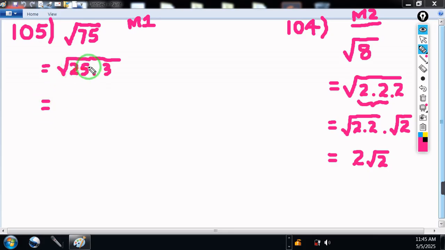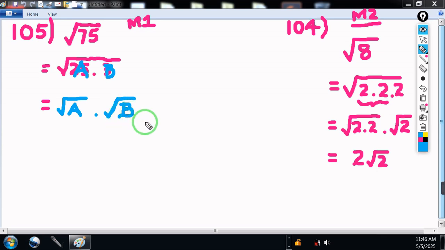So this goes into root A times root B. That portion, root of A times B, is root A times root B. Okay, if you can't picture that, now you picturize that. This we take as A. This we take as B. So root of A times B is root A times root B, meaning you have a root A times a root B. Plug in, they say, American methodology.